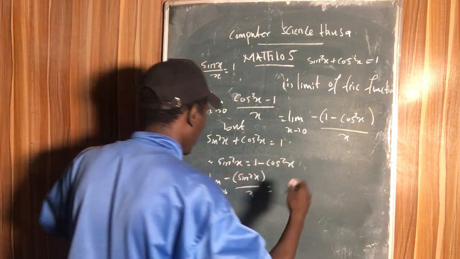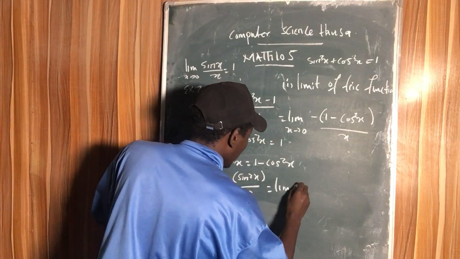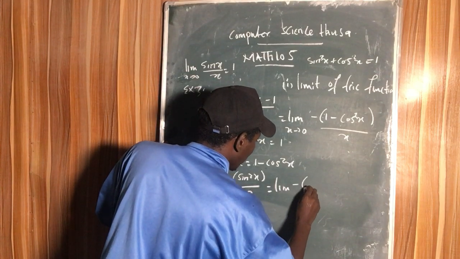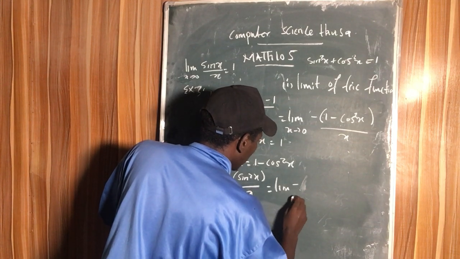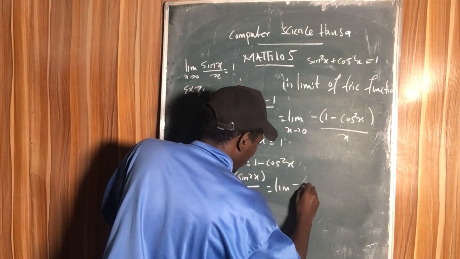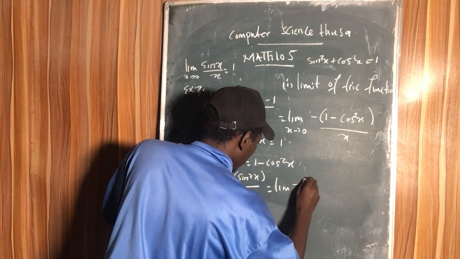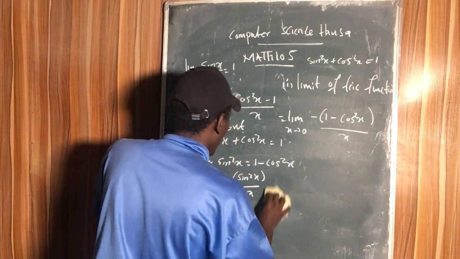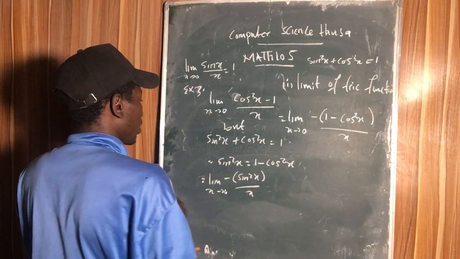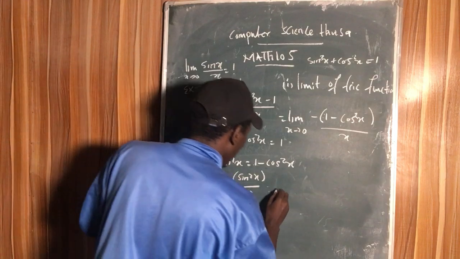So we start expanding it, and say the limit of this is going to be minus times the limit. We need to bring the minus back because it's something like a constant, right? So we need to bring the minus back.